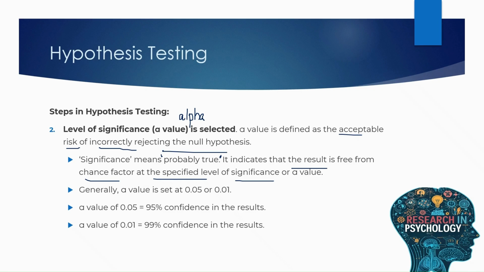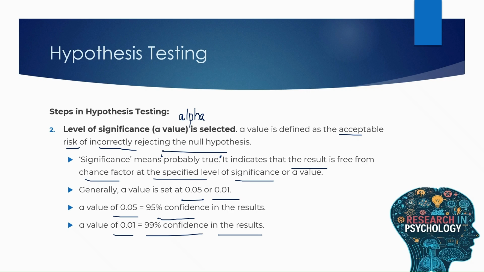Generally, alpha value is set at 0.05 or 0.01. 0.05 means there is a 95% confidence that the results are correct, and 0.01 means there is 99% confidence that your results are correct.